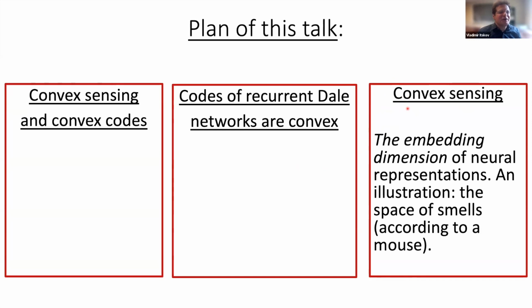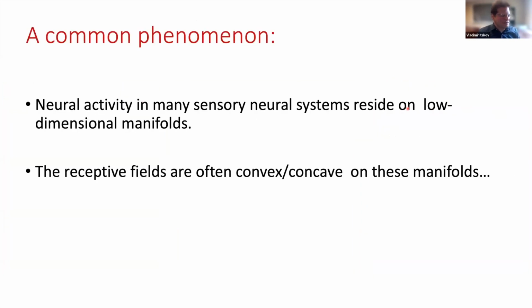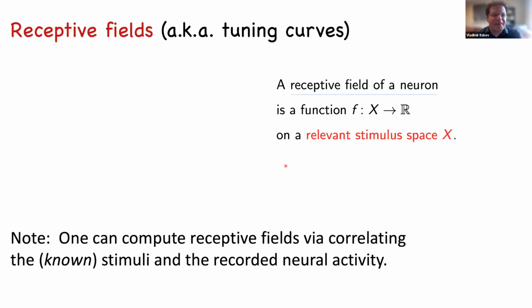Okay, so let me start with a statement most of you are well familiar with. Neural activity in many sensory systems resides on low-dimensional manifolds, and the receptive fields are often convex on this manifold. Instead of explaining what these words mean, I will just give you examples. Before I go on, let me define one object, the receptive field itself.